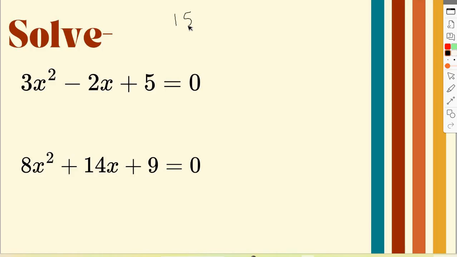Do we remember our quadratic formula? No, okay. Well, then let's remind ourselves of that. So we have x equals -b plus or minus the square root of b squared minus 4ac all over 2a. So the quadratic formula helps us to solve things that we couldn't have factored otherwise.